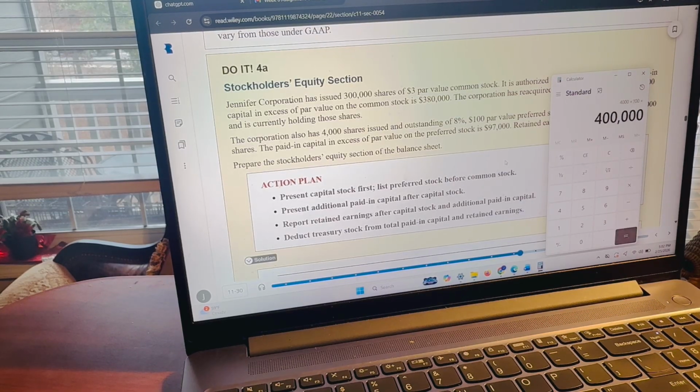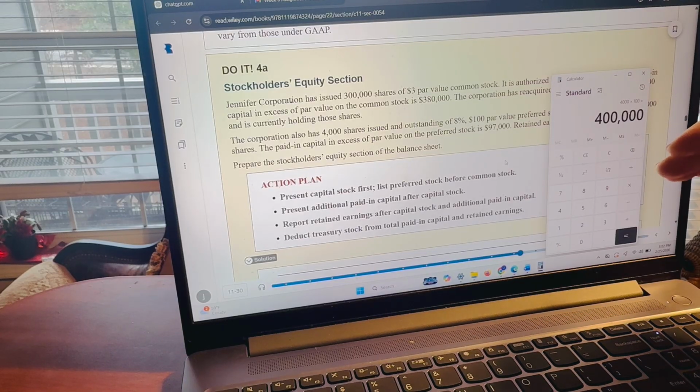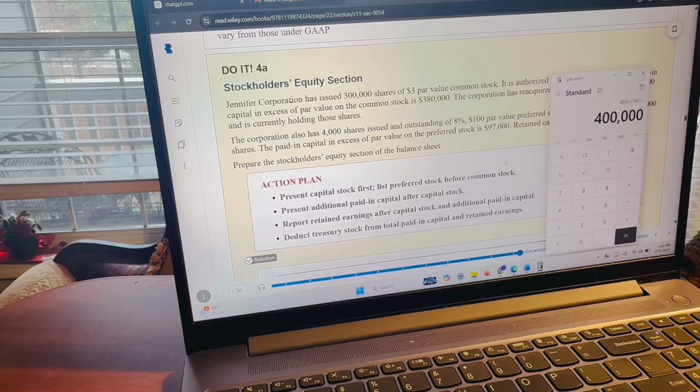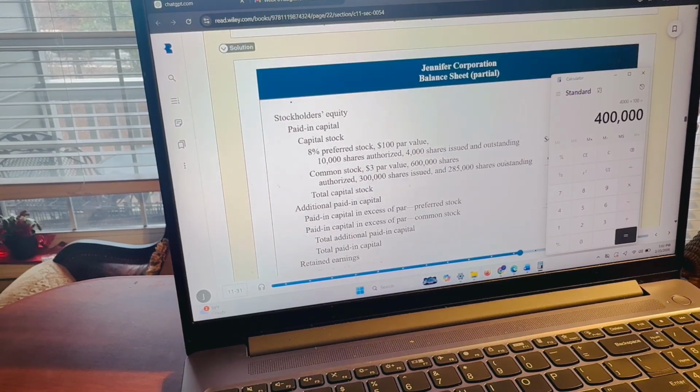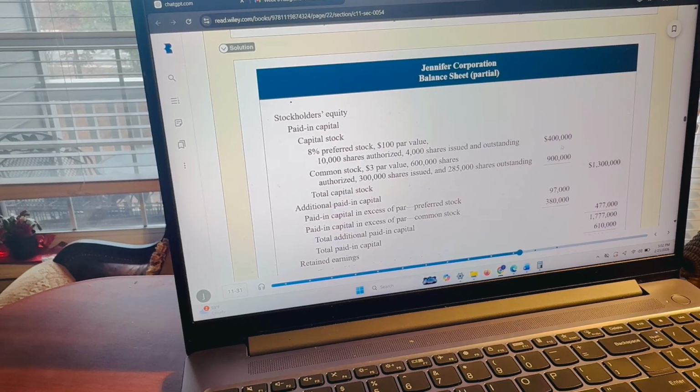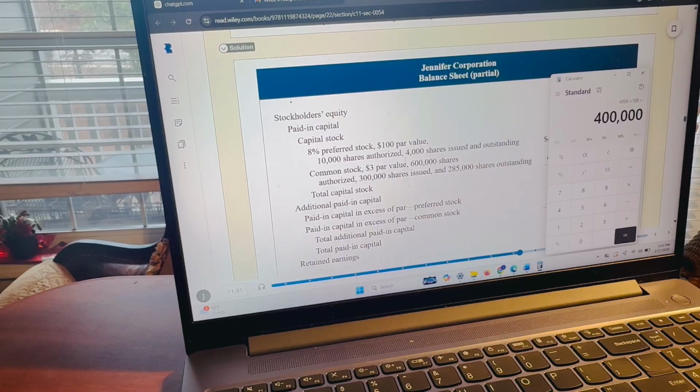So multiply 4,000 times 100. That gives us the par value amount for the preferred stock, which is going to be 400,000, as you see here, and they got that by taking the 4,000 shares issued and multiplying it by the minimum legal amount, which is $100 of par value.